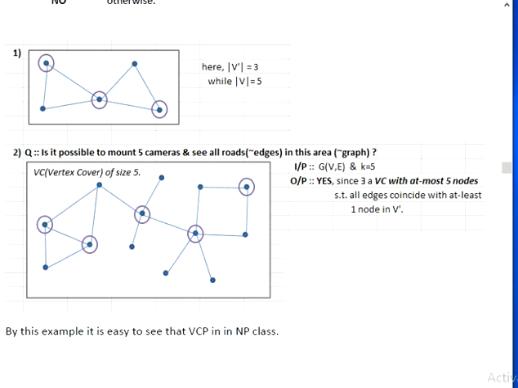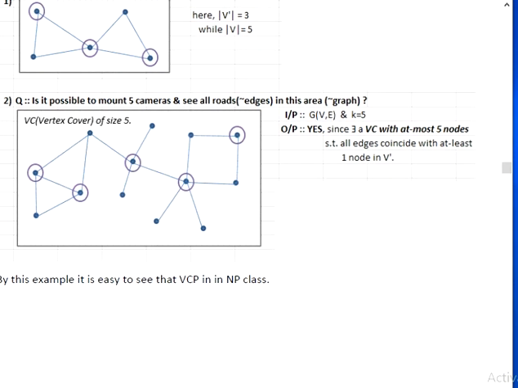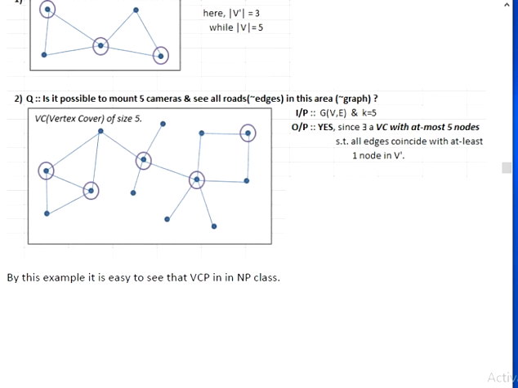If we take K equals 5 for this situation, then the output will be yes, because you can check the big circles and see that each of the edges is covered. So this is one example of vertex cover. For this second graph, if we take K as the maximum coverage, then the graph will be covered. In this example, it is confirmed.